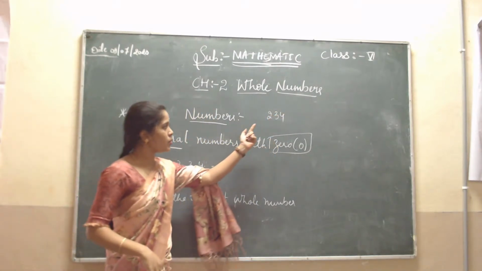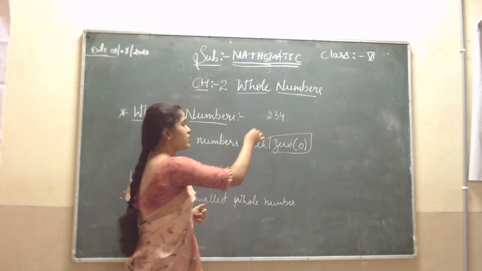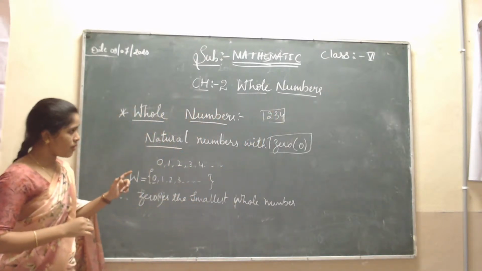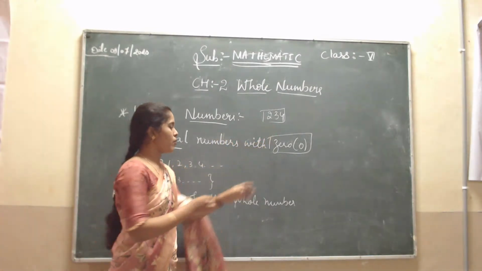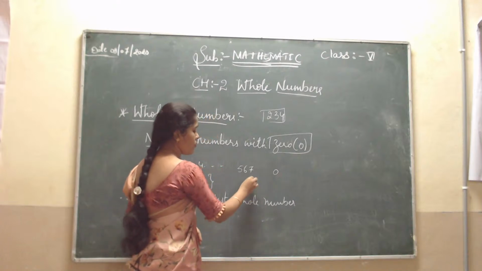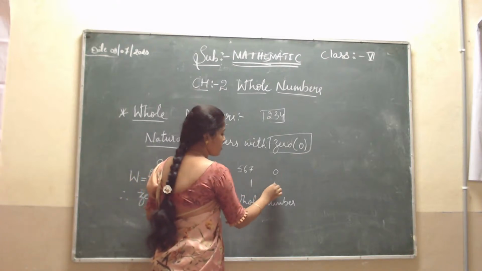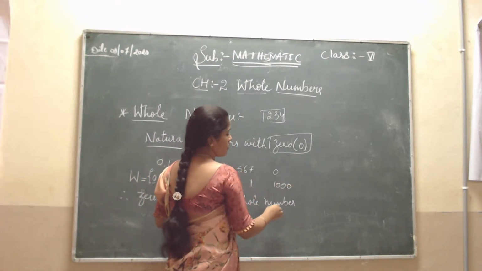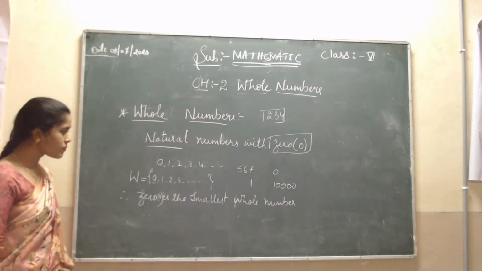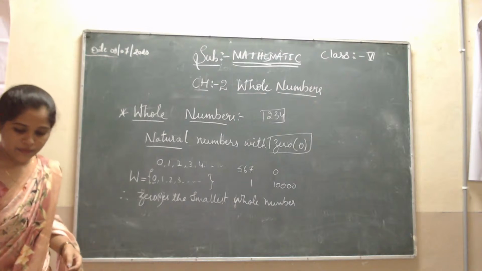These are numbers, and these are also whole numbers. The set of numbers, see here, 2, 3, 4, 5, 6, 7, 0, 1, 1000, 10,000. These are whole numbers. Understood? Next thing.